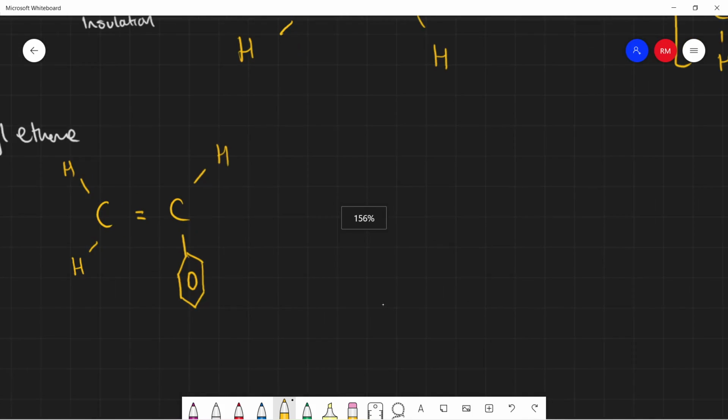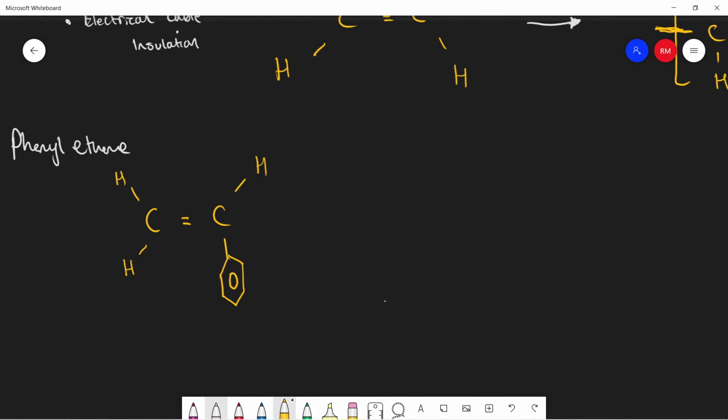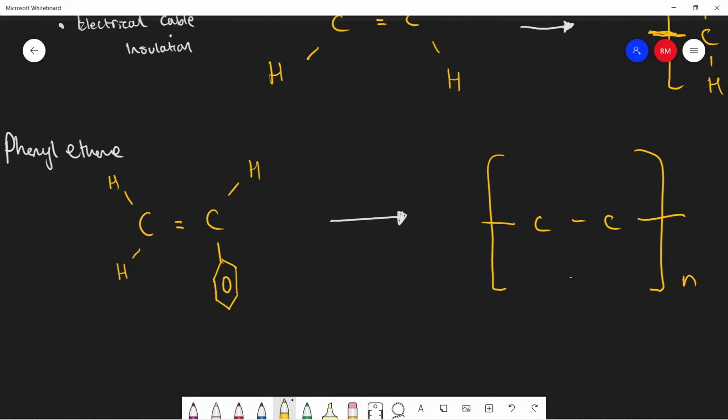So, you guys probably already know how to do this, but I'm just going to show you. It gets so simple drawing these addition polymers that those 2 marks, it might be 1 mark, asking you to draw the repeating unit of this polymer, it will get so easy that it's honestly just 3 marks.